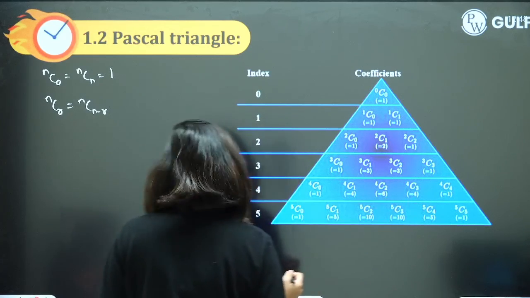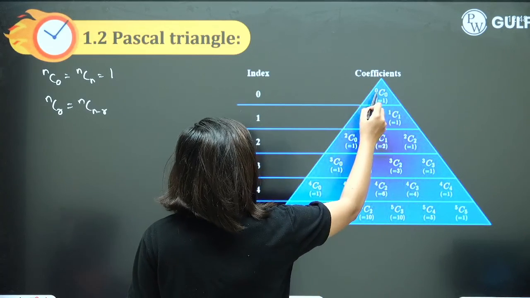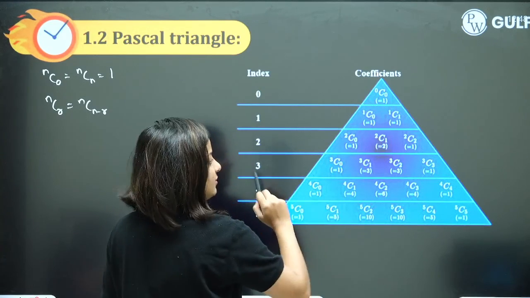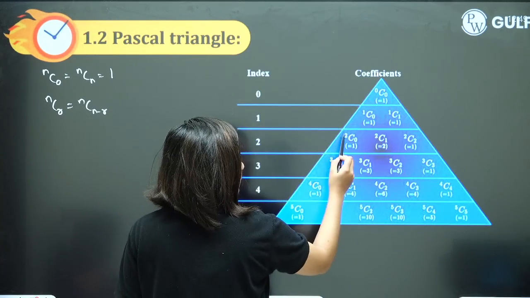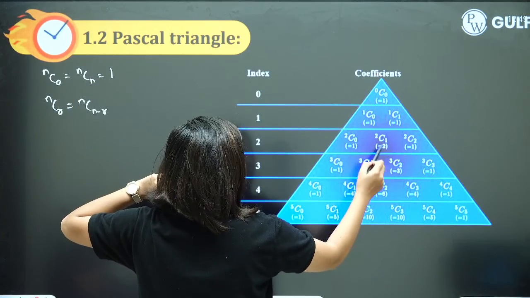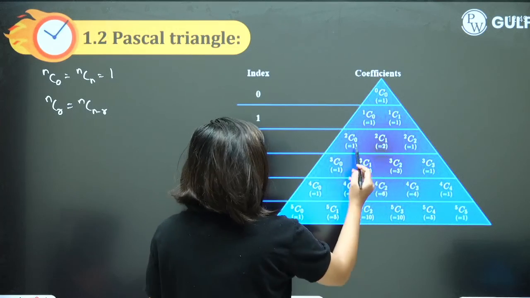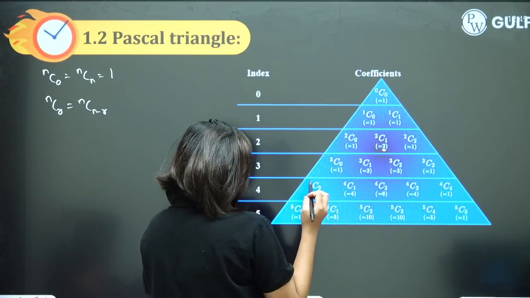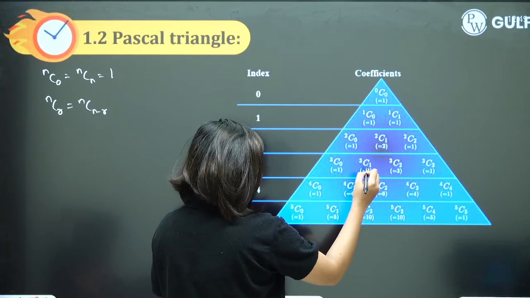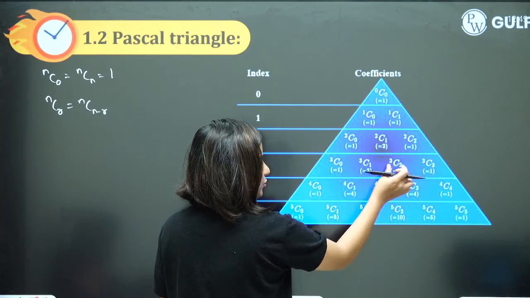Please note. The 1 can be written as 0C0. 1 can be written as 1C0, 1C1. 1 and 1 as 2C0, 2C2, because 2C0 and 2C2 are 1. And the 2 here, can you see 2? In place of the coefficient 2, we can write 2C1. Similarly, in place of coefficient 3, 3C1 and 3C2, because both will be equal.